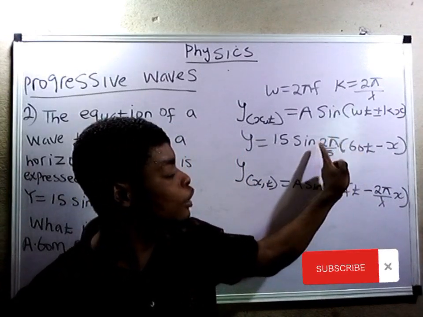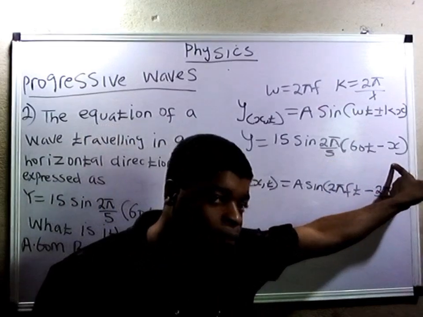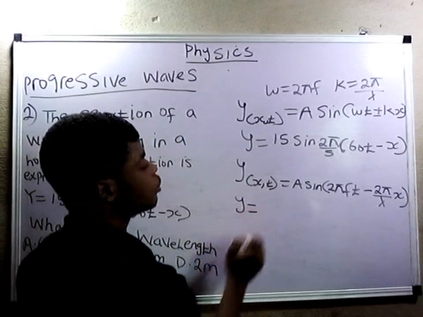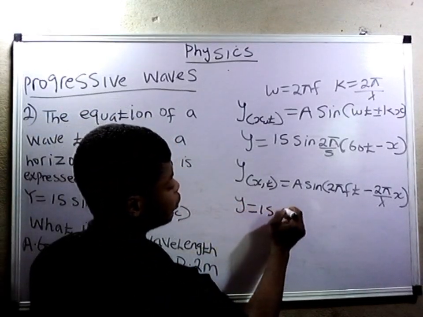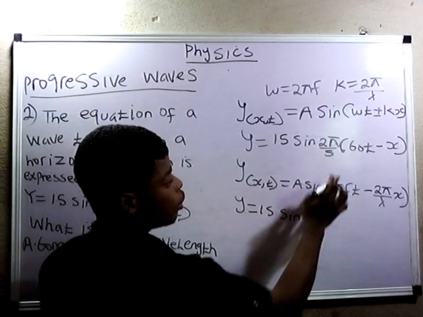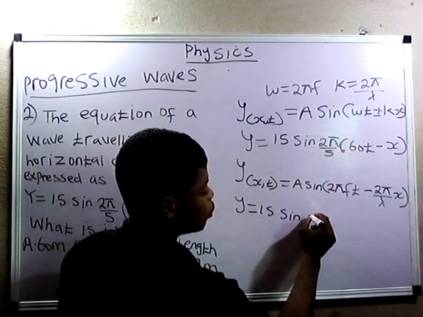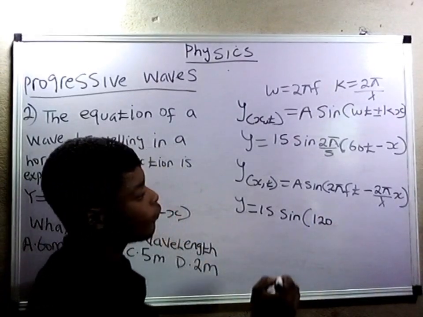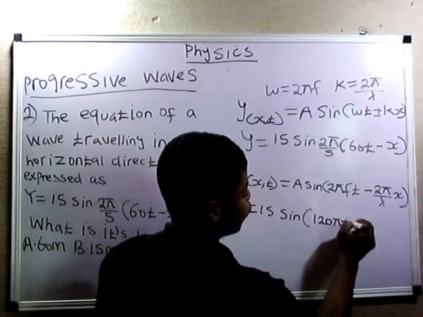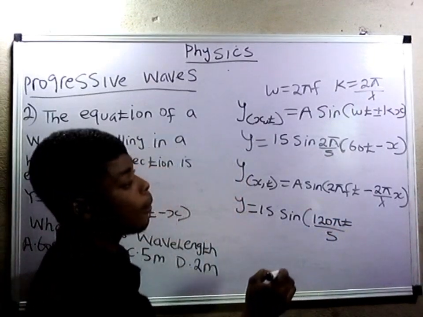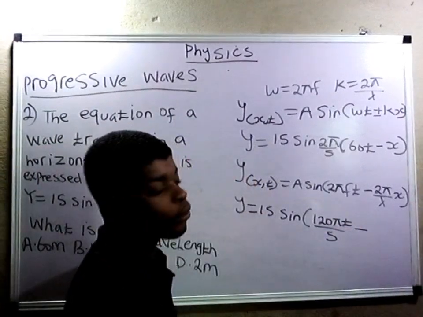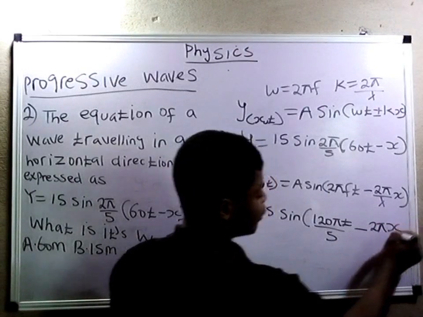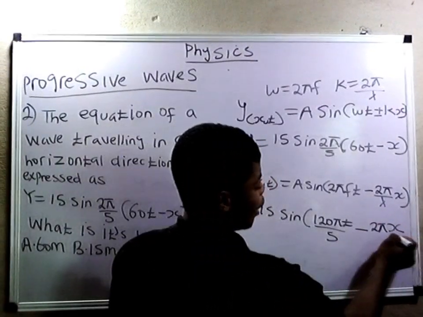So we also use this 2 pi over 5 to open the bracket as it is in the original equation, to be y equals 15 sine, 2 pi times t will give us open bracket 120 pi t over 5 minus 2 pi over 5 times x will give us 2 pi x over 5.